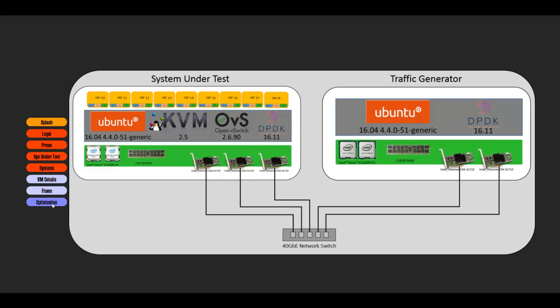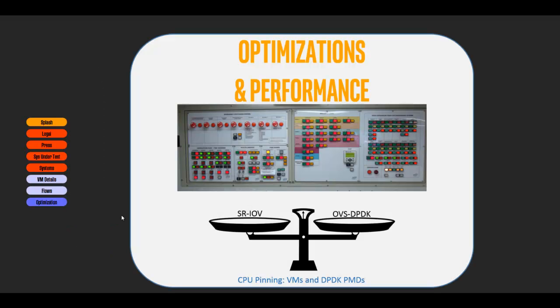I want to talk quickly about optimizations. So both SR-IOV and OVS-DPDK, and OVS itself, have lots of knobs and buttons you can twiddle to modify and improve performance under certain conditions.